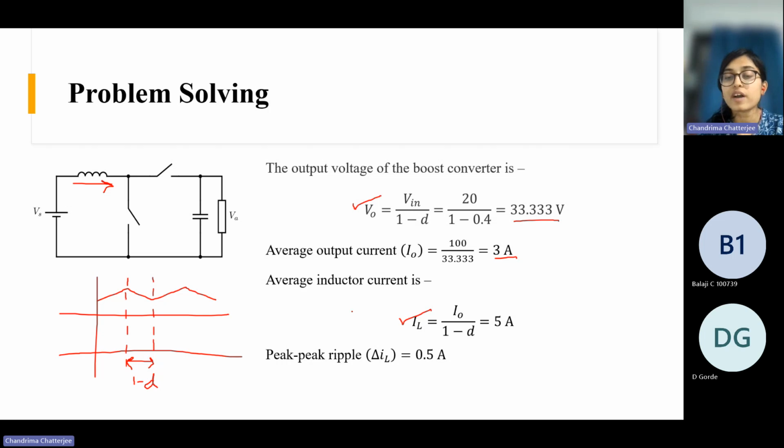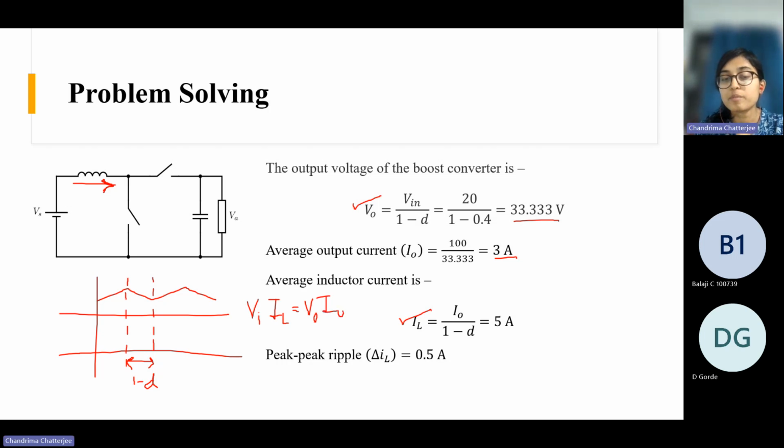So you can also find this relation out from the power balance equation. Input power is equal to output power for a lossless circuit. Here the input current is nothing but the inductor current, because the inductor is in series with the source. So V in into IL is equal to V out I out, from power balance.